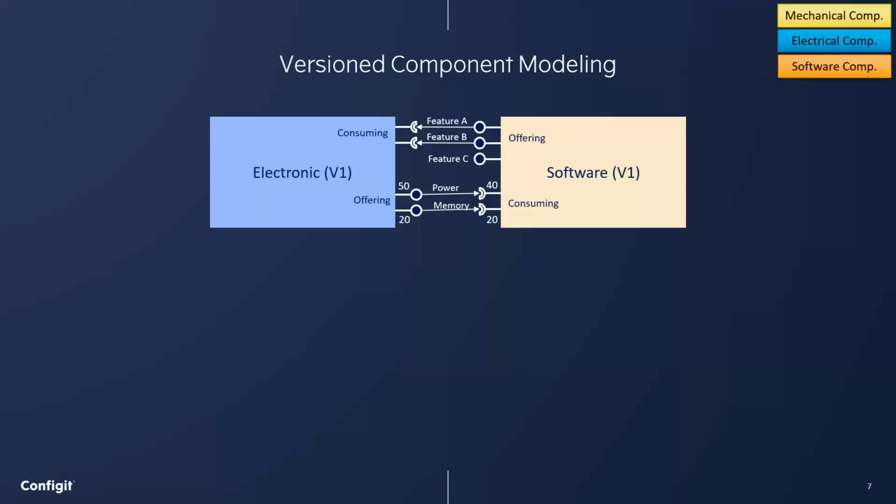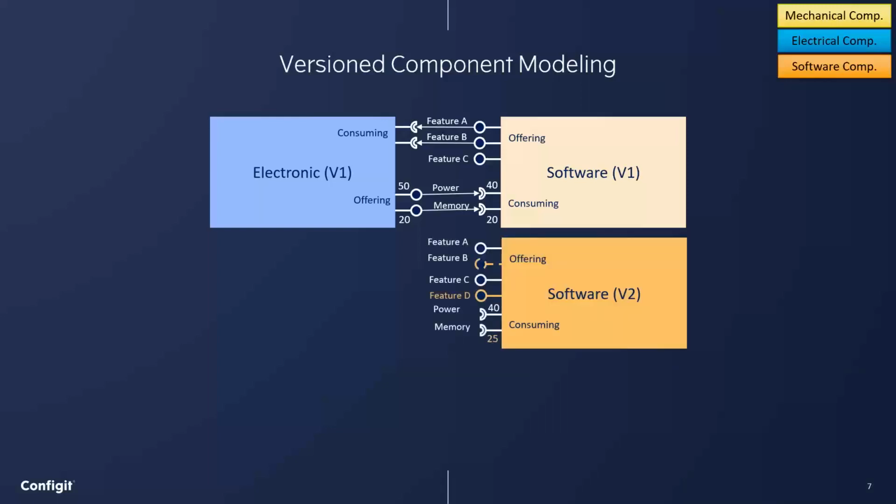What can now happen is that the software develops. Let's say some smart developers have an idea for new functionalities, and they release a new version. Some functionalities might be removed or replaced by new functionalities, but it could also be that some resource consumption increases. In this case, the memory usage is increased from 20 to 25.